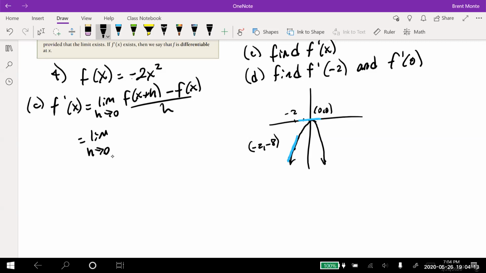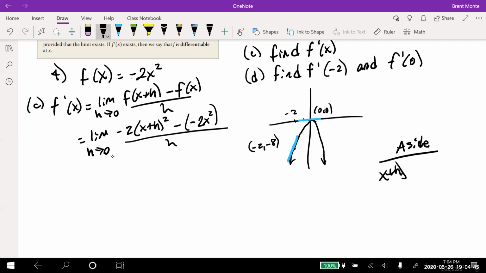Now f of x plus h, remember that means plug in x plus h here. Minus f of x is just that function itself all over h. Now notice I can't plug in h equals 0 because now it's undefined. And it being undefined there, I can't do it. So remember that x plus h squared, let's see, aside.